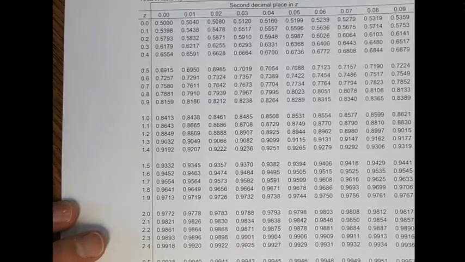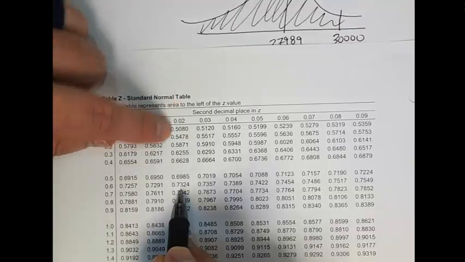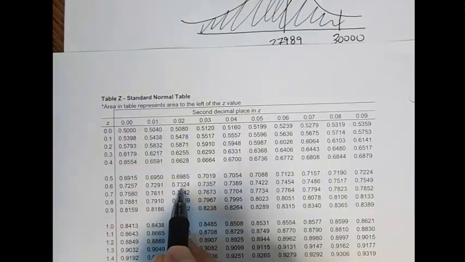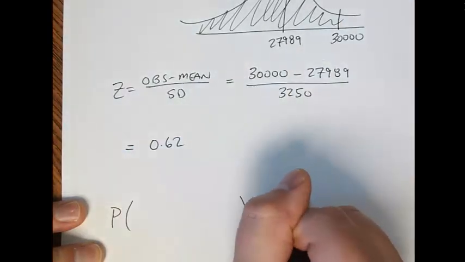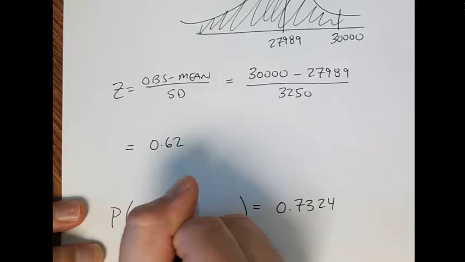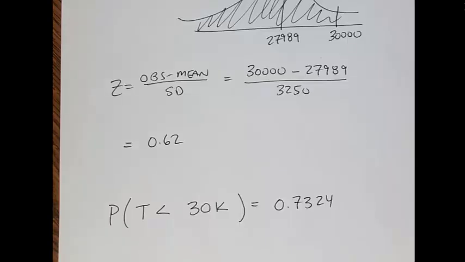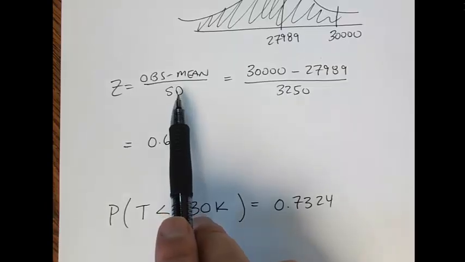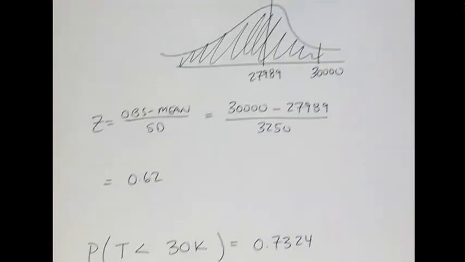Looking that value up, so 0.6 and then 2 gives us a probability of 0.7324. And a probability statement T less than 30,000. So again, our calculations are very, very simple, very straightforward. We have a simple equation, and then you need to follow that up by using the z-table.